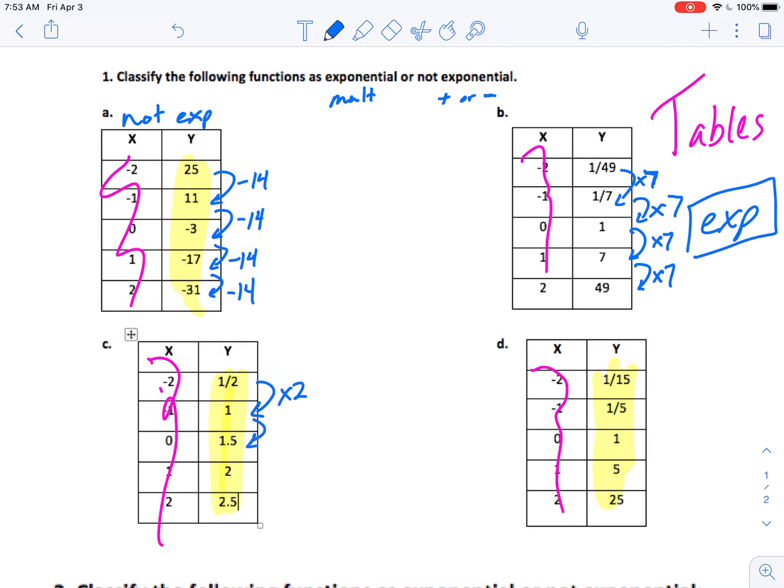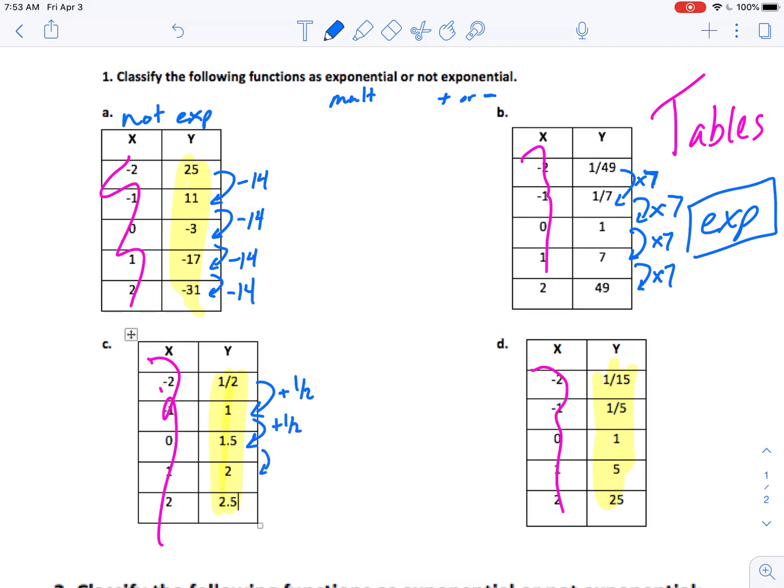And C, let's see what happens here. So 1/2 to 1. So how could I go from 1/2 to 1? I could multiply by 2, but will that pattern keep working for me? Is 1 times 2 going to end up being 1.5?